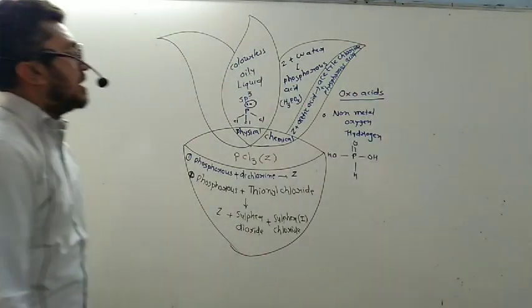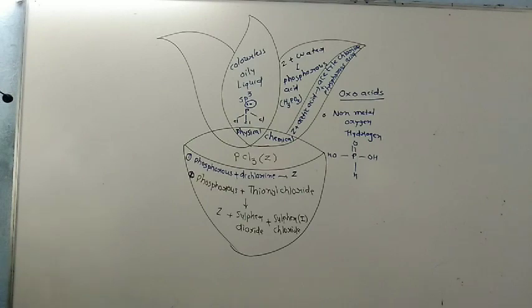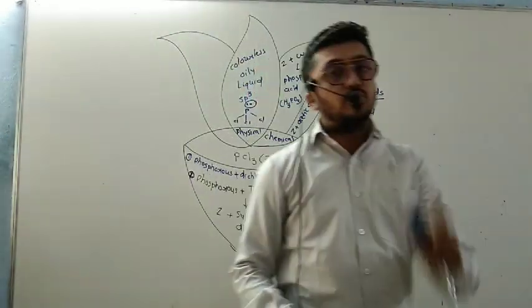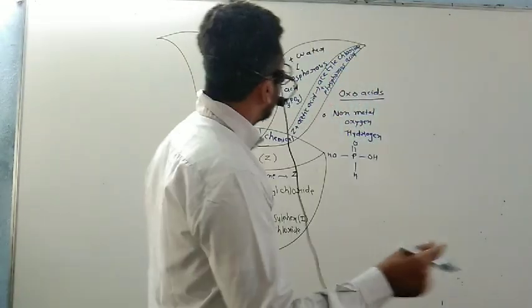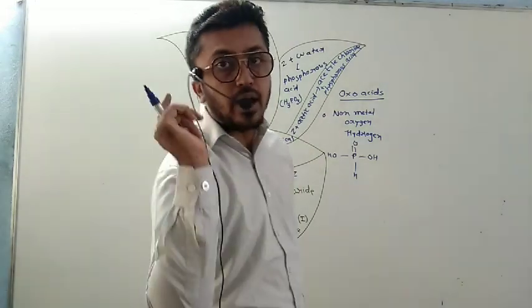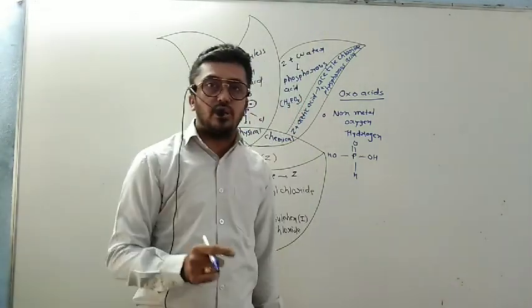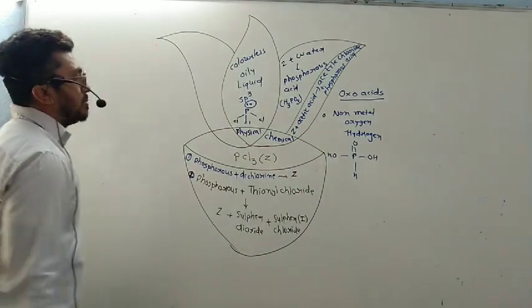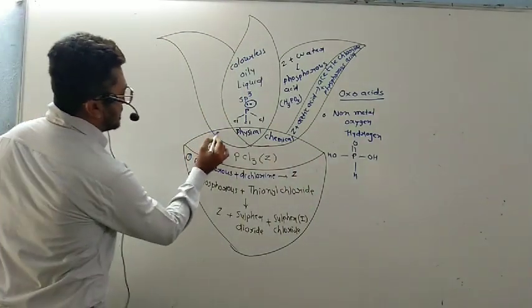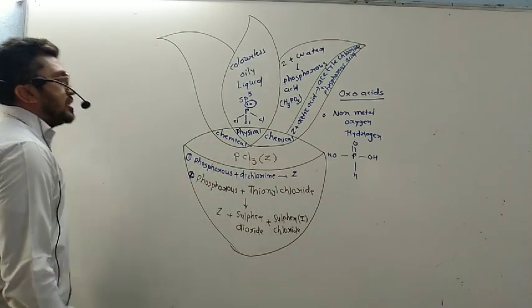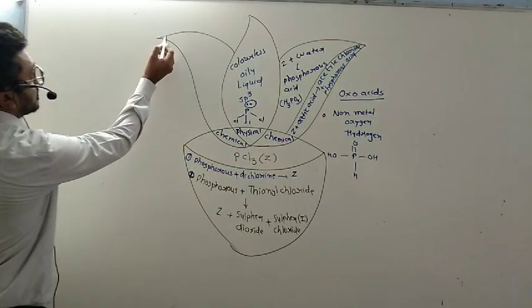When acetic acid CH3COOH reacts with PCl3, it gives us acetyl chloride or ethanoyl chloride, means CH3COCl, and phosphorus acid H3PO3 will separate.